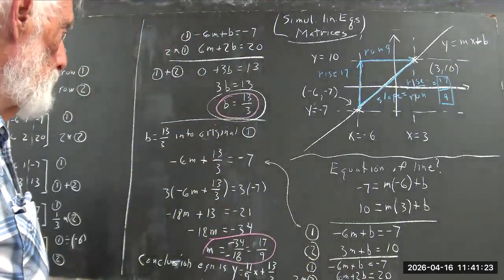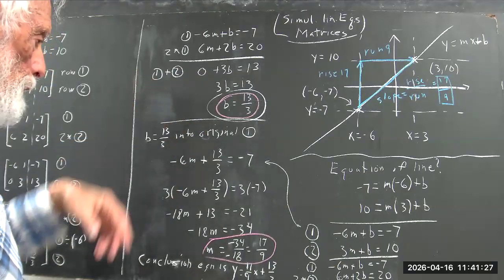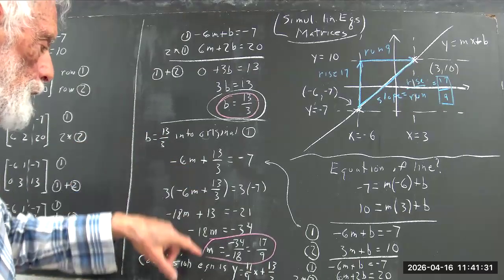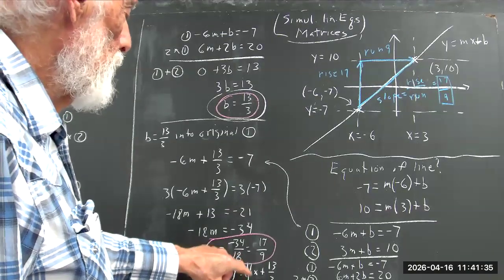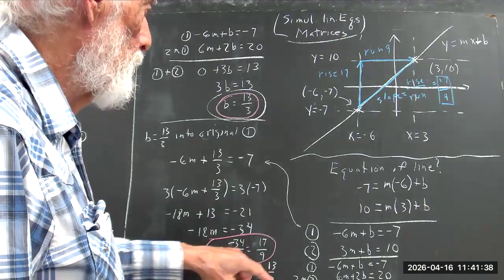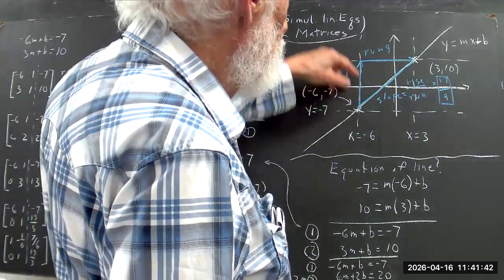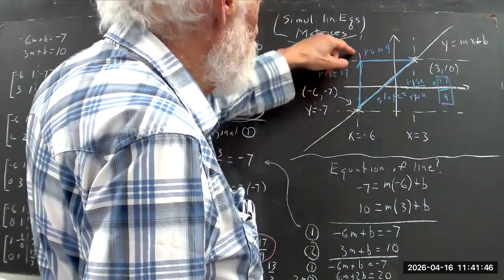We took our solution for b, plugged it back into the original equation, either one of them, and we solved that equation for m, and we got the equation y equals 11/9 x plus 13/3. On the graph, we noticed that the rise from the leftmost point to the rightmost point is 17.